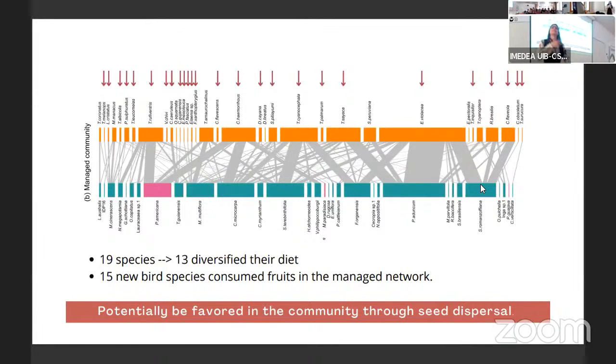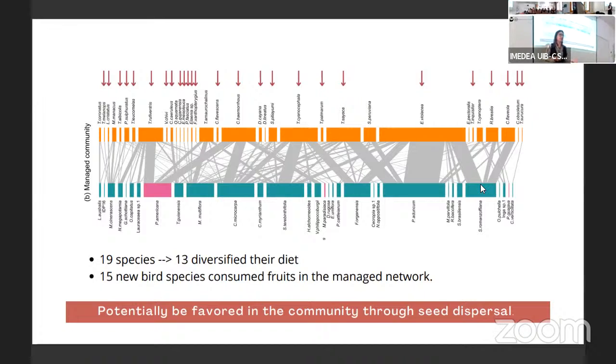Okay, so this diet diversification happened to most of the birds. From the 19 birds that occurred in both years, 13 diversified their diet, and 15 new bird species consumed fruits just in the managed network.